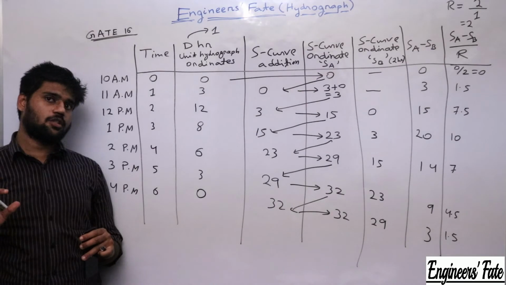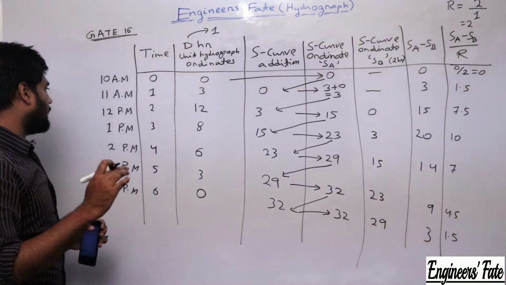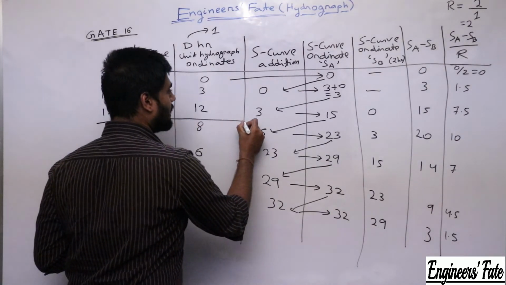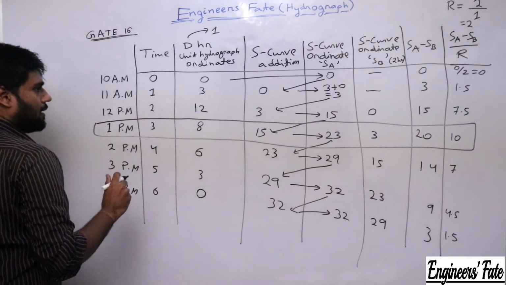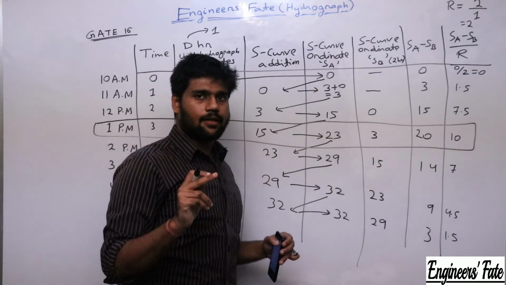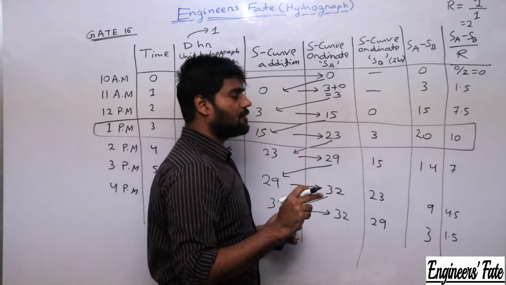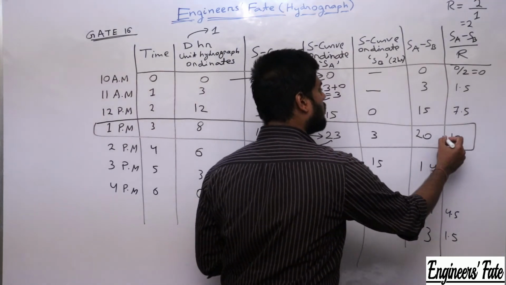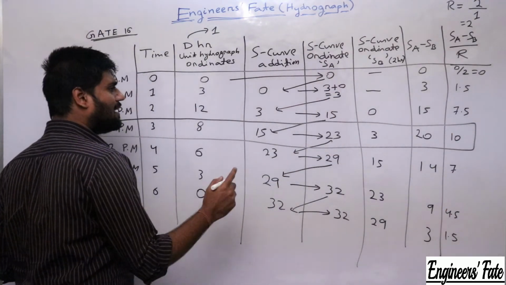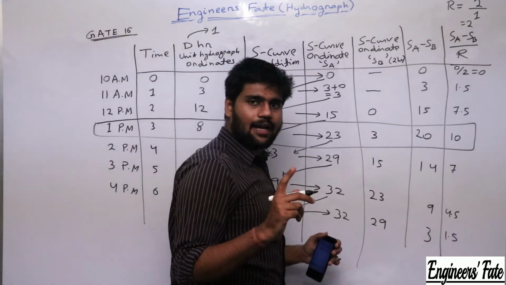Please see the procedure. But in the question he is asking, at 1 p.m., what is my flood hydrograph ordinate, and he has given the runoff depth as 4 centimeter. So I have found at 1 p.m. the unit hydrograph ordinate.